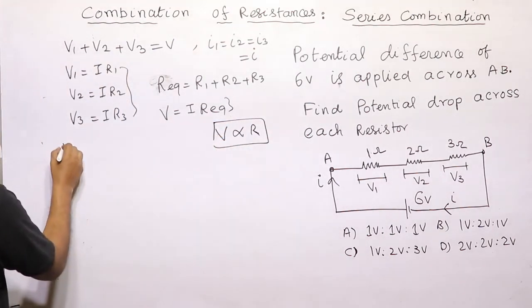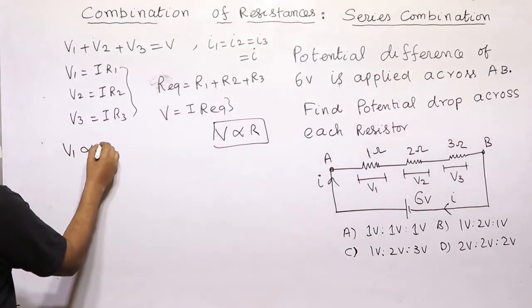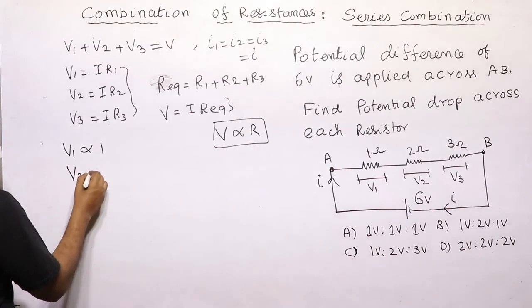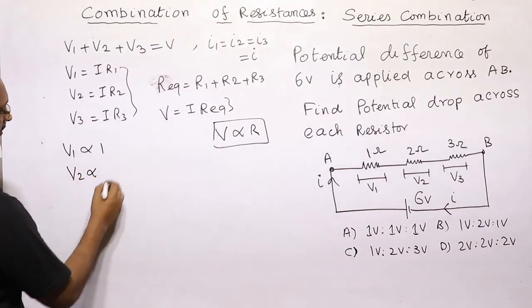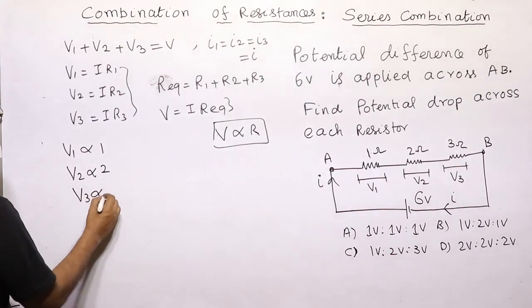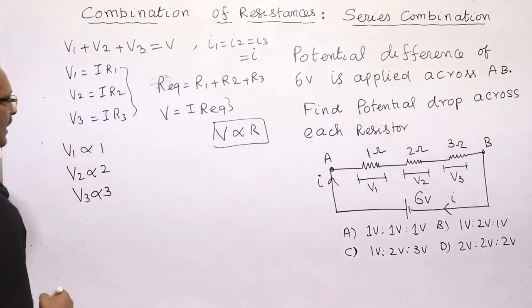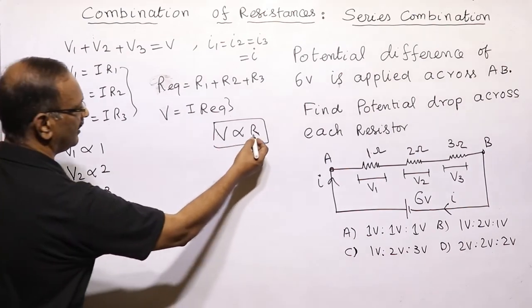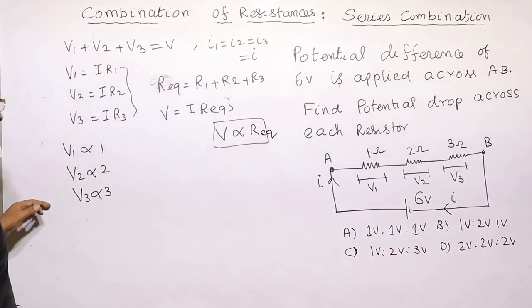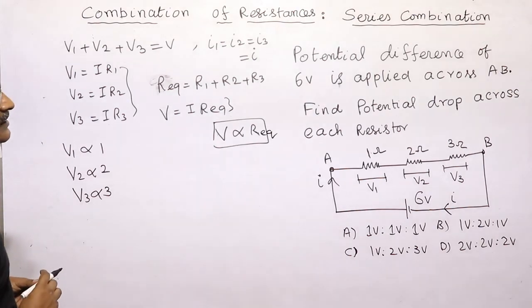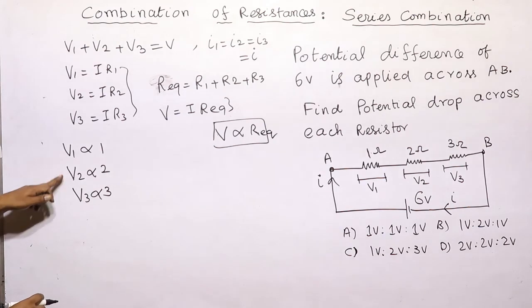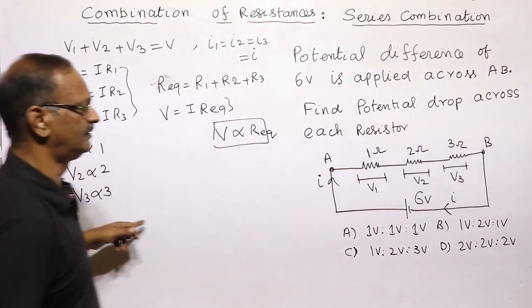It means V1 is proportional to R1, that is 1 ohm. V2 is proportional to R2, which is 2 ohm. And V3 is proportional to R3, 3 ohm. And V is proportional to R equivalent. So what we find is the potential drop across R1, across R2 and across R3.